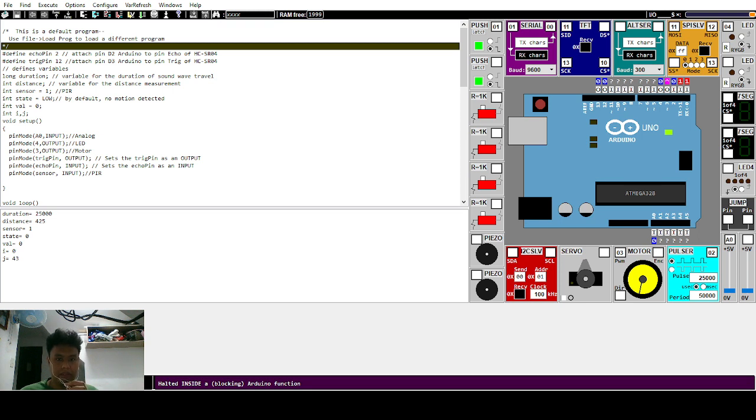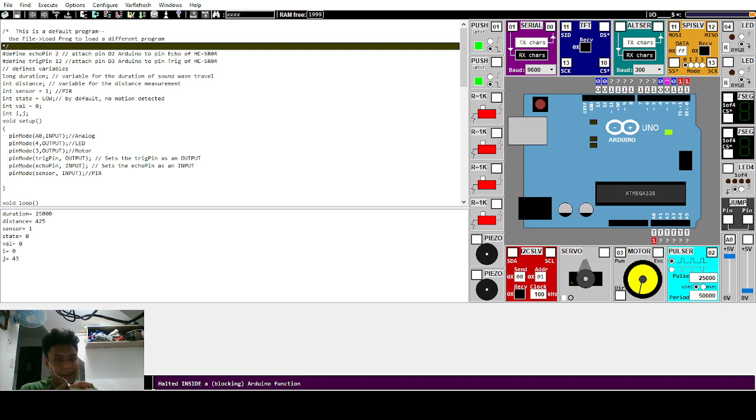The mode is selected by an analog input. If it is set from 0 to 2.5 volts, it will select the ultrasonic sensor. If the analog input is greater than 2.5 to 5 volts, the input will be the PIR sensor, which detects motion and prompts the motor to buzz and the LEDs to blink if motion is detected.